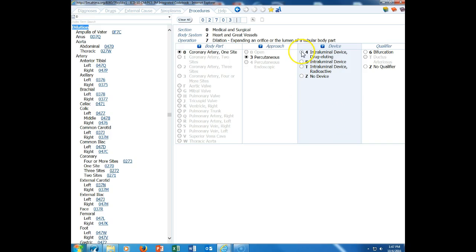And we have a drug-eluting stent and there's no qualifier. So our code is 027034Z. Only one site had a drug-eluting stent placed in it.